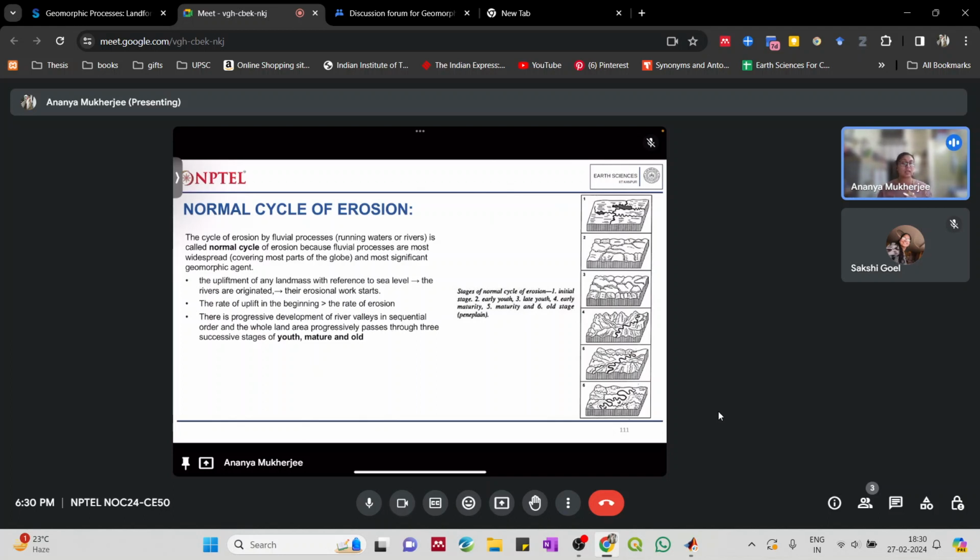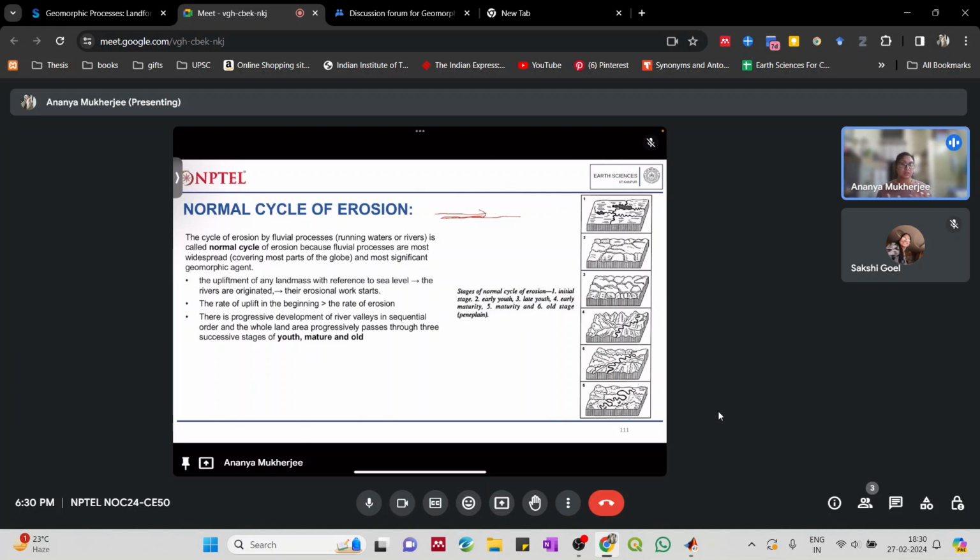erosion. So the uplift. Suppose this is a surface across which the river would be flowing. If the river is flowing on this surface, there is no slope difference.